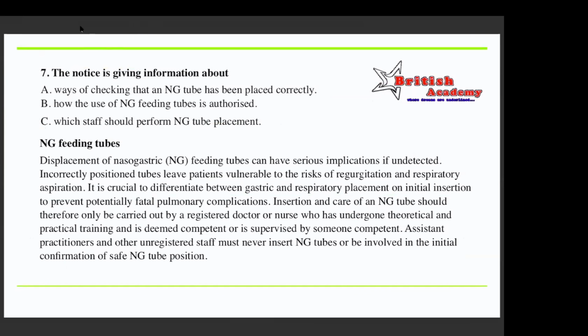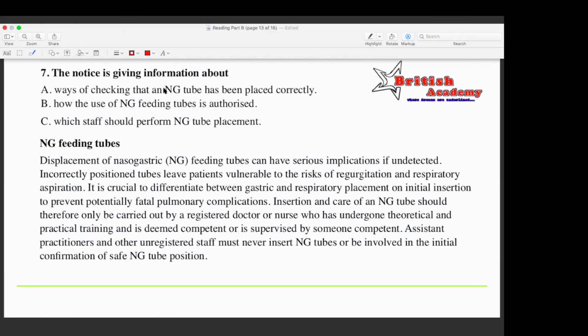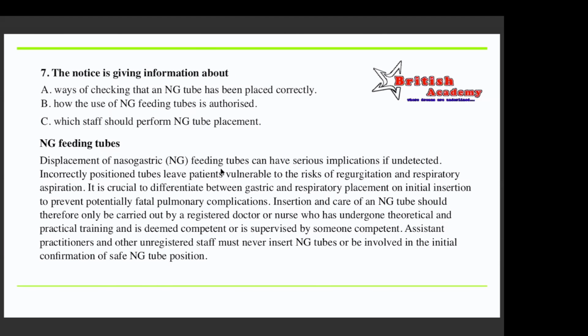I'll give you exactly 2 minutes. So now exactly 2 minutes is there.